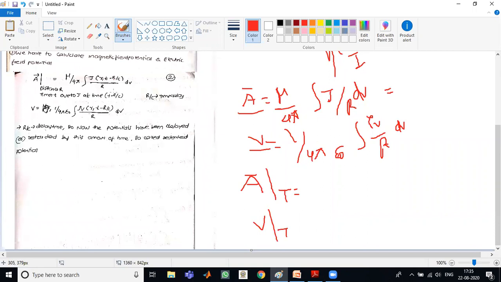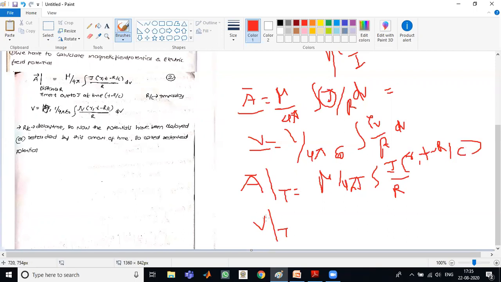will be given as mu by 4 pi integral J by R. This is a common expression, but this J, the current density, will be in the form of J of r comma t minus R by c. That is, it is depending on the time.